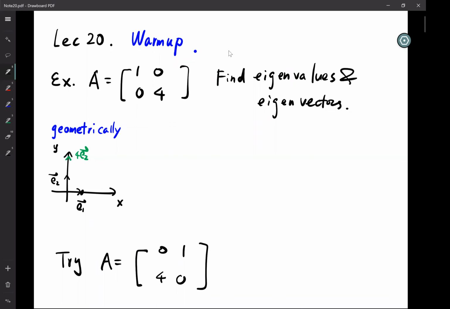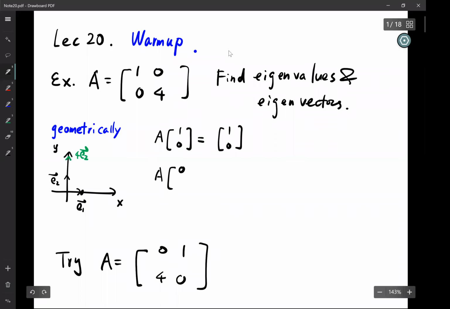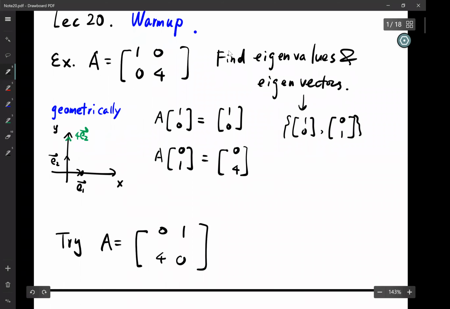So more formally, we have A times (1, 0) equal to 1 times (1, 0), and A times (0, 1) equals (0, 4). And therefore, the eigenvectors are (1, 0) and (0, 1). But of course, if you scale any of the vectors, that would work as well.